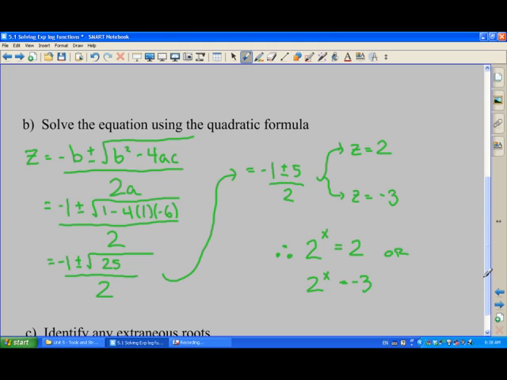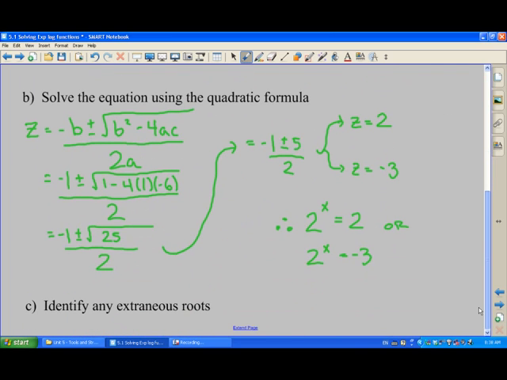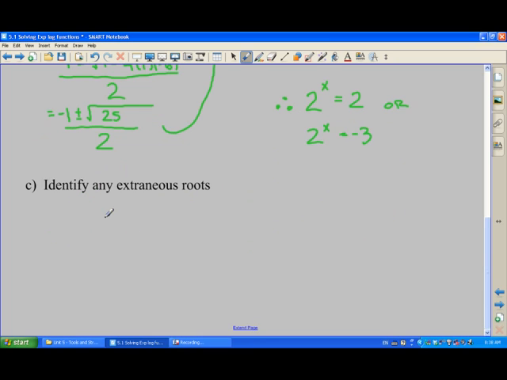We still haven't solved this question. We were trying to find which value of x would make this statement true. So that's where part C comes into play. We need to identify any extraneous roots by trying to solve for x.